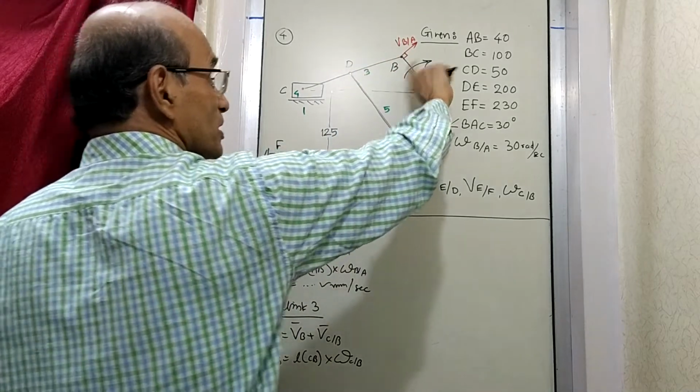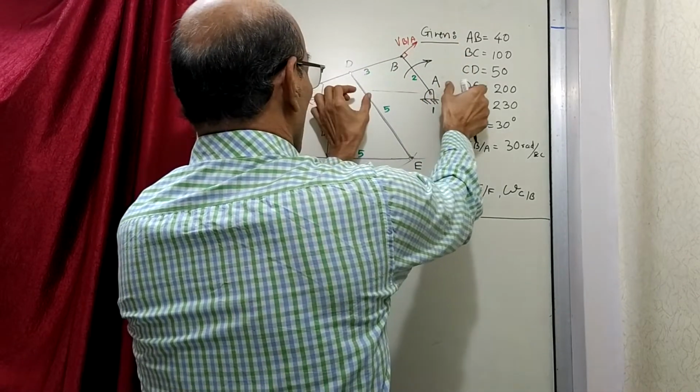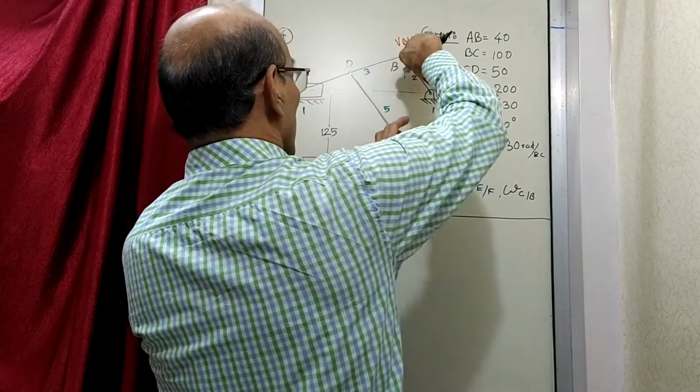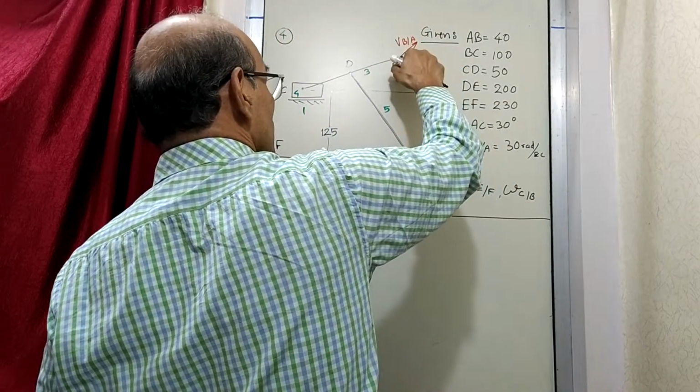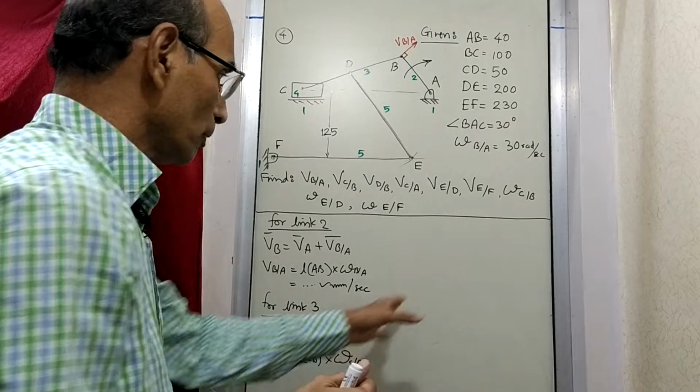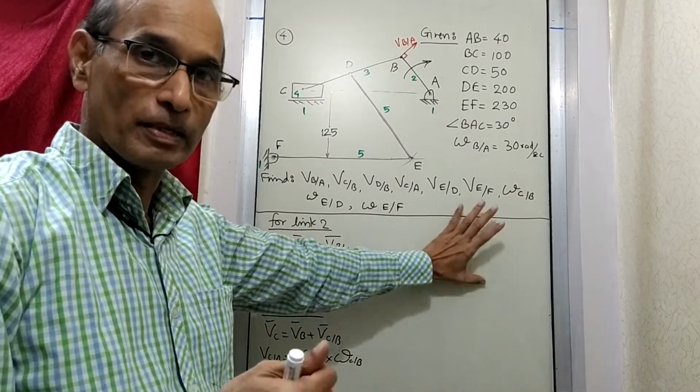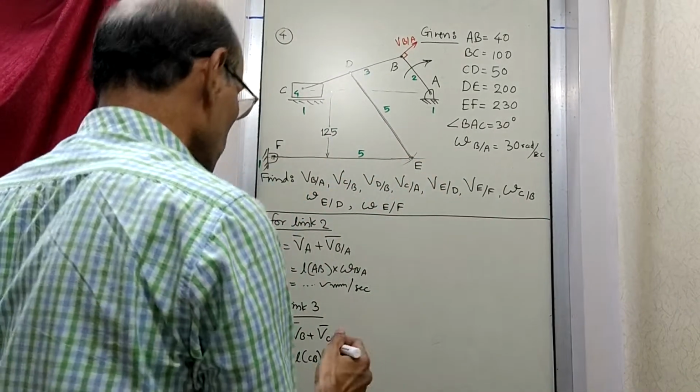Now you can imagine, since it is going like this, that means this will come close, and that means this will go like this. So the direction is going to come like this, anti-clockwise. But then that will be decided after the polygon, not now, not by judgment. So that we have to find out.